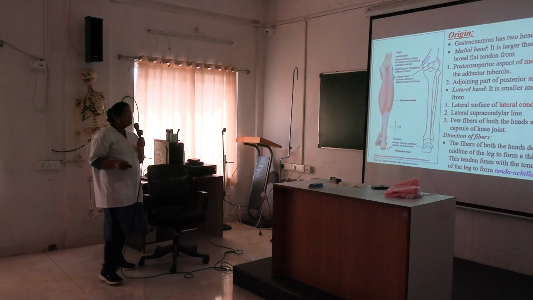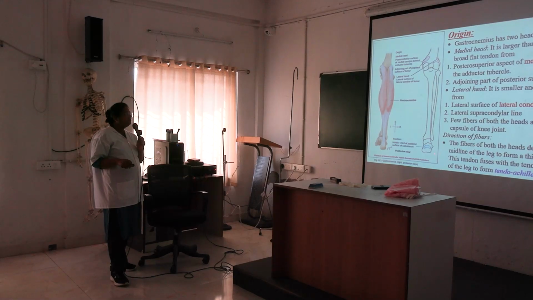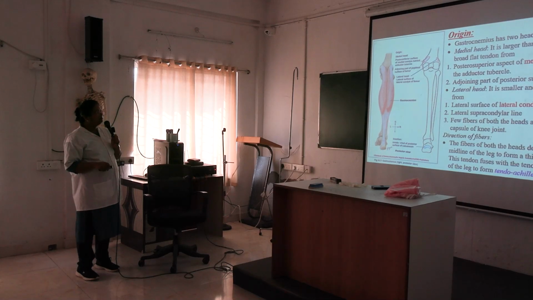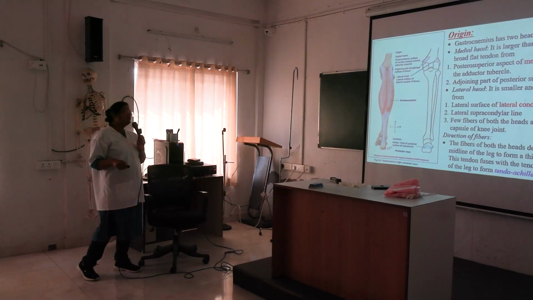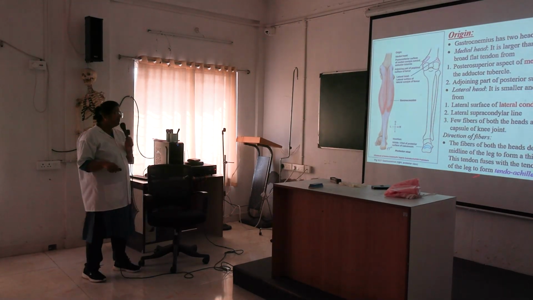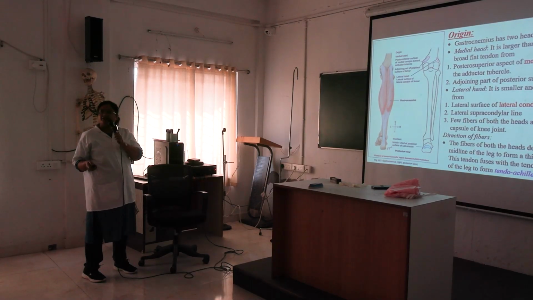The fibers of both the heads descend and converge in the midline of the leg to form a thin, broad aponeurotic tendon. You can see the tendon is very thick and narrower. And this tendon fuses with the tendon of the soleus in the middle of the leg to form the Tendoachilles or Tendocalcaneus. Okay.